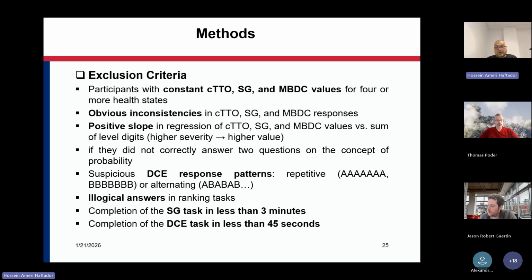They didn't correctly answer 2 questions on the concept of probability, or 2 of 3 questions related to the concept of probability, had a suspicious DCE response pattern, or had illogical answers. They completed the standard gamble in less than 3 minutes, or the DCE task in less than 45 seconds.